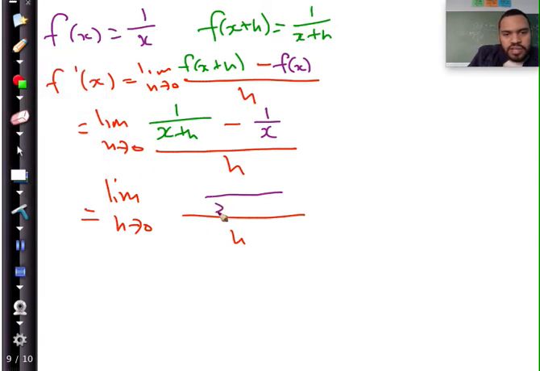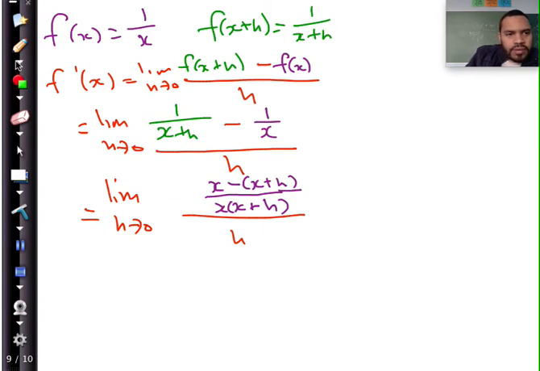One fraction on top, that's going to be x into x plus h. And what we're going to be left with here is x, and then the minus sign into x plus h. Do you see that?